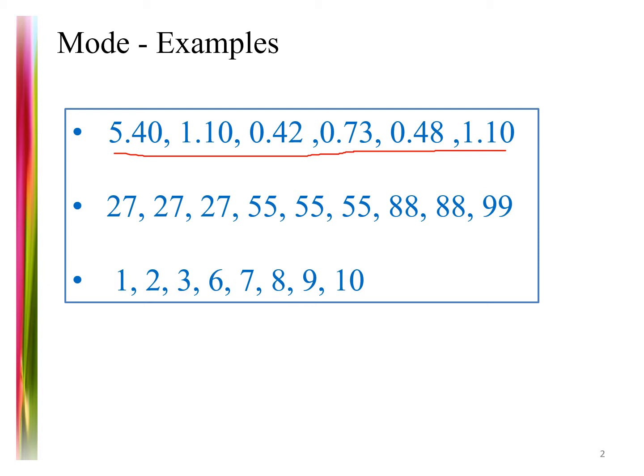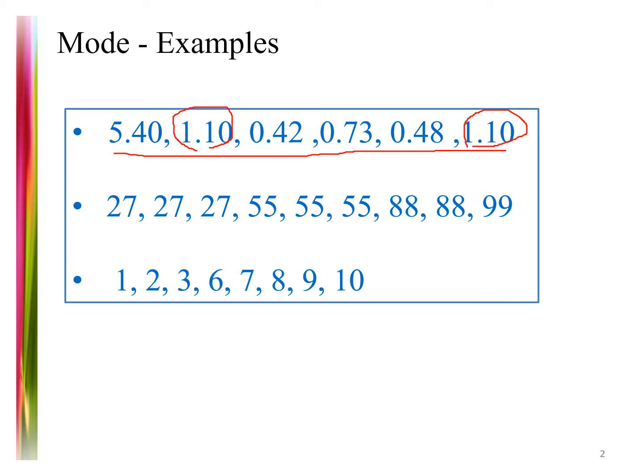In this case 5.40 occurs one time, 1.10 two times, 0.42 one time, 0.73 one time, 0.48 one time. So 1.10 occurred 2 times, which means our mode value is 1.10.